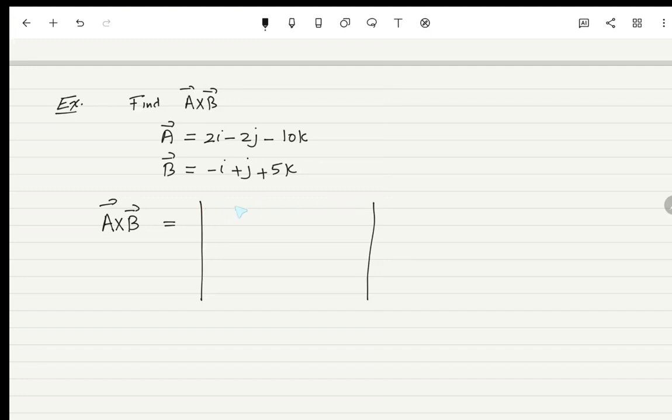The first row, you just type I, j, k. The second row is the components of the first vector, which in this case is A: 2, minus 2, minus 10. And the third row is the components of the second vector, B, which in this case is minus 1, 1, 5.